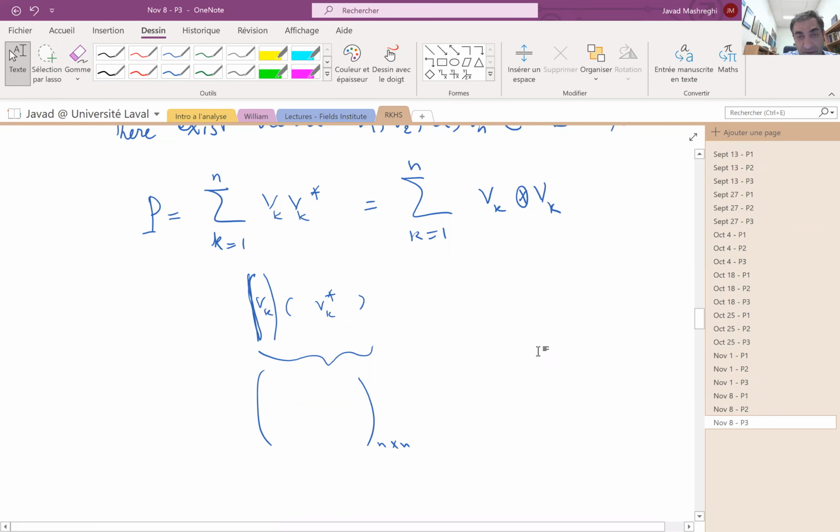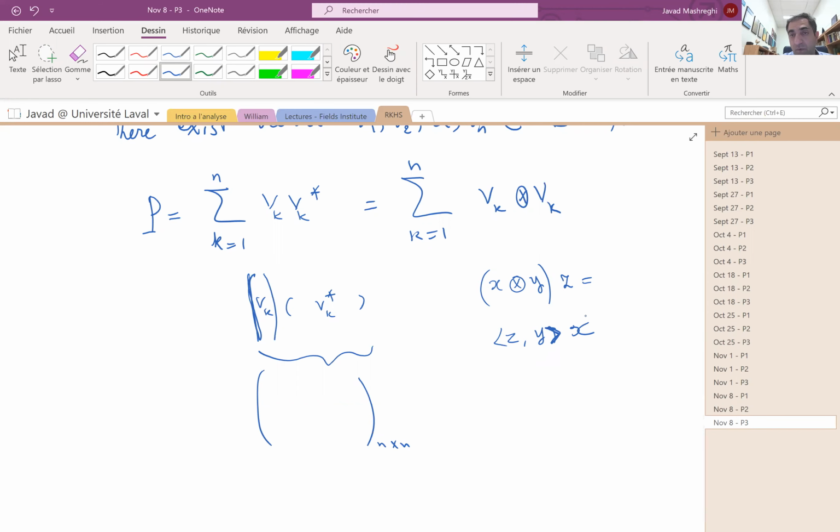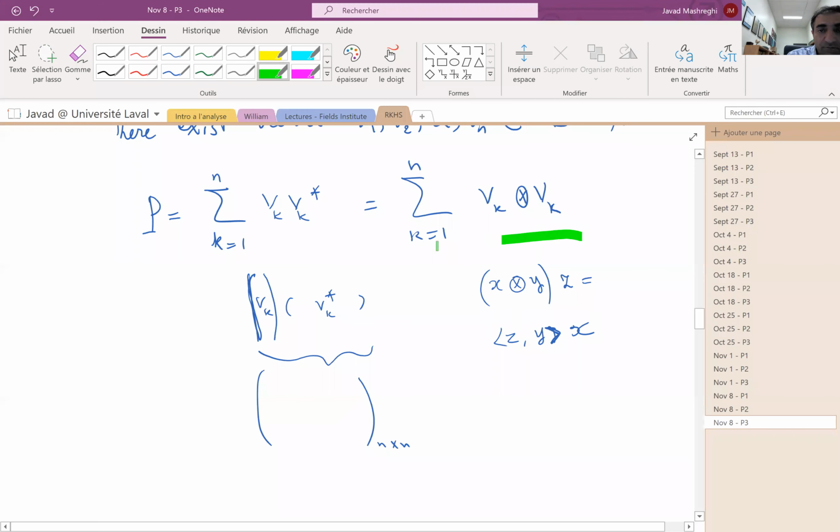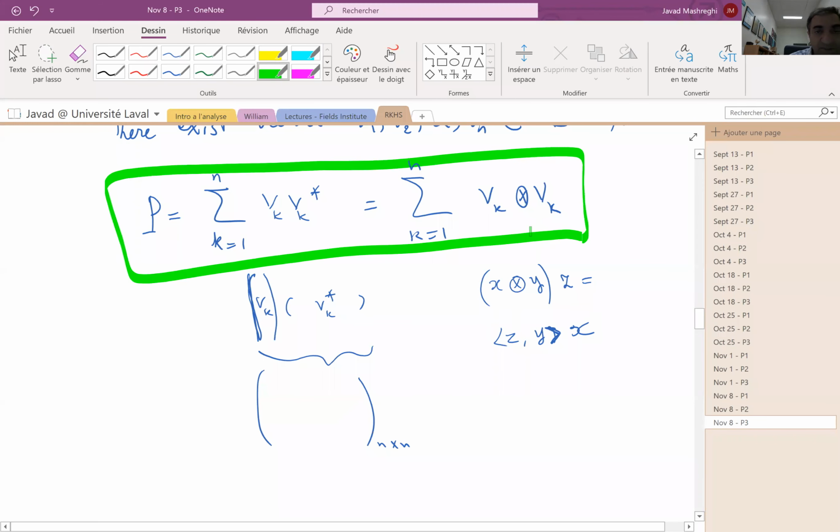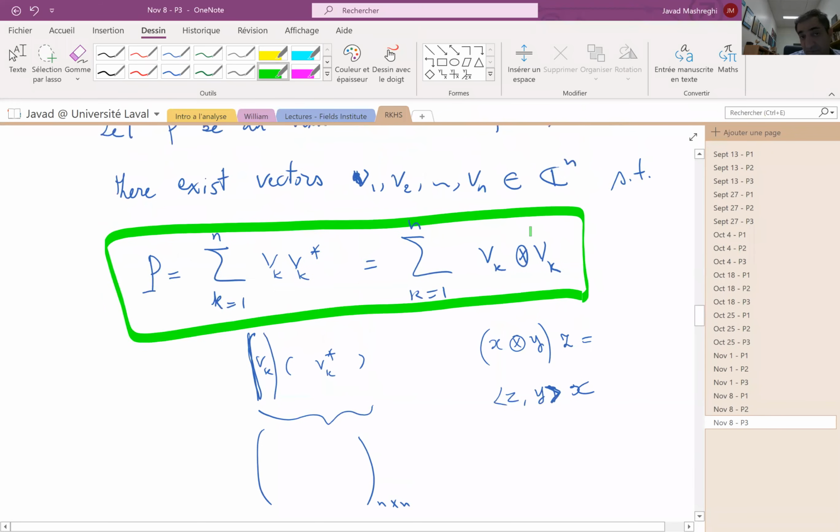And the action I defined before, just to repeat, the action of x tensor y acting on z is equal to the inner product of z and y times the vector x. So here, x and y, both of them are equal to vk. So that's the general case. So two versions of this. We saw this before indeed.